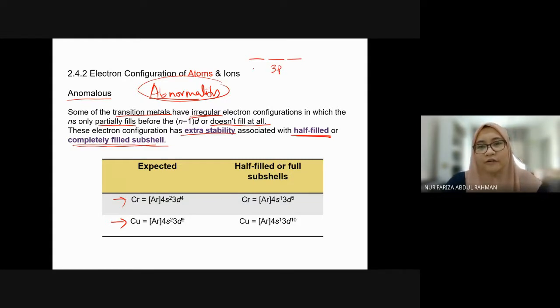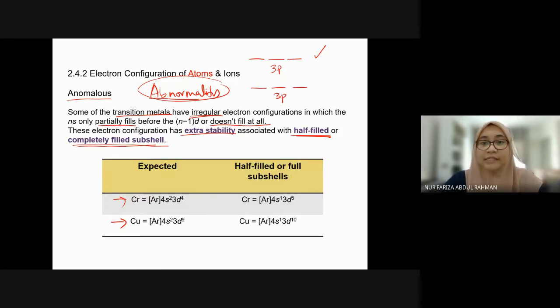In order for a 3p orbital to become stable, ada 3 cara. Satu, there is no electron at all. Bila tak ada electron, that means there's no repulsion, kan, then basically there's nothing in the orbital, so the energy would be lower. So this is the first one, there's no electron, it is stable. Alternatively, it can also be stable if it is half-filled.